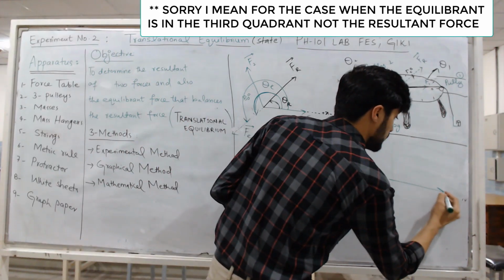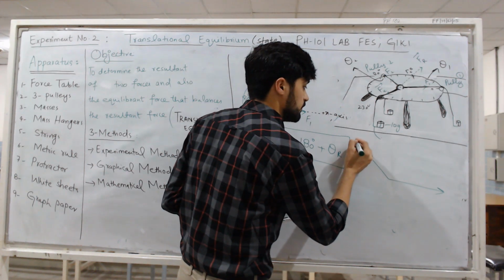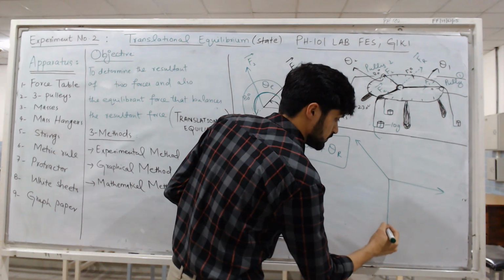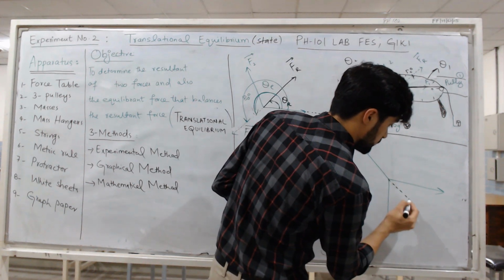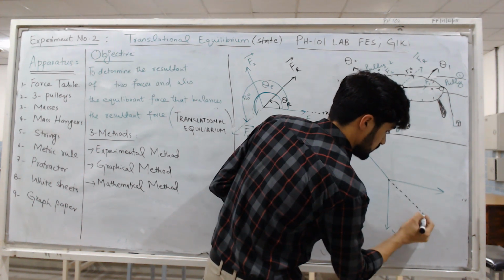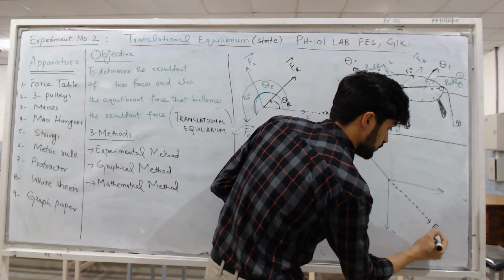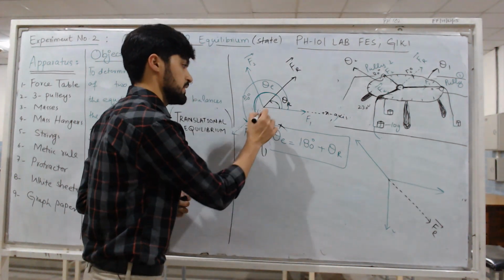What if the equilibrium force is here? This is our equilibrium force, and this is now our resultant force. So now the case is different. We will not be using the previous method, as that was just for that case.